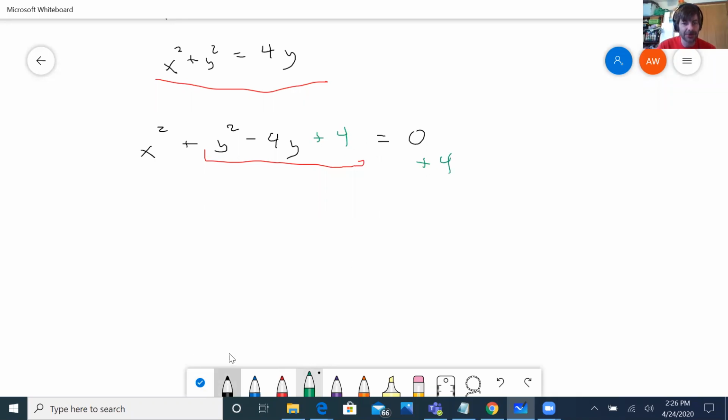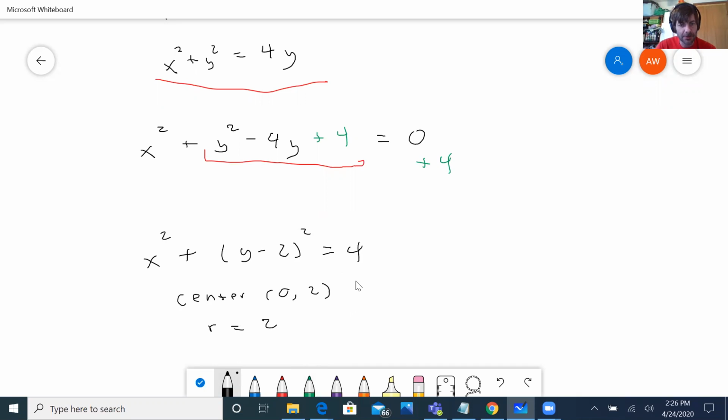And I'm going to add it to both sides. So that is x squared plus (y minus 2) squared equals 4. And what I got is a circle with center (0, 2) and radius 2. Remember, the square root of 4 is 2.